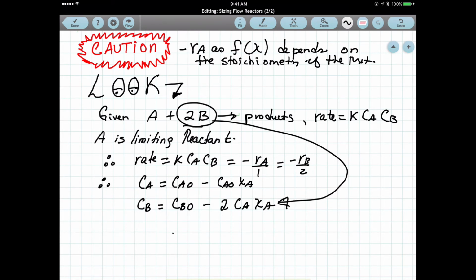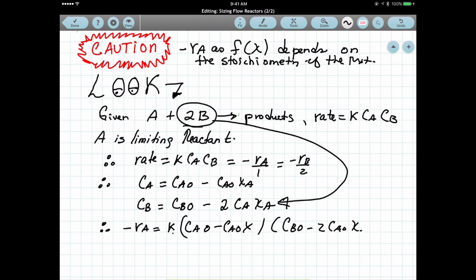We can see that here from the stoichiometry of the reaction. So that means that we can move on and substitute these values: the rate equals k, CA0 minus CA0 XA, that's the concentration of A defined in terms of conversion, times CB0 minus 2 CA0 XA.